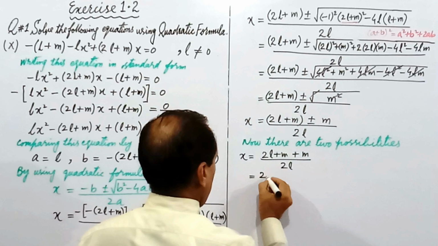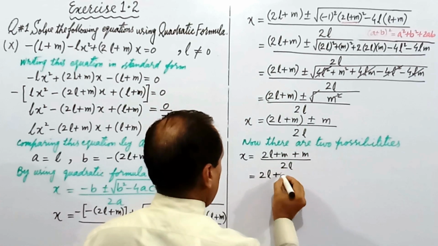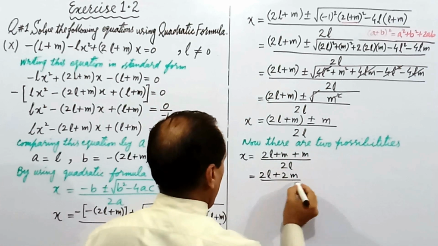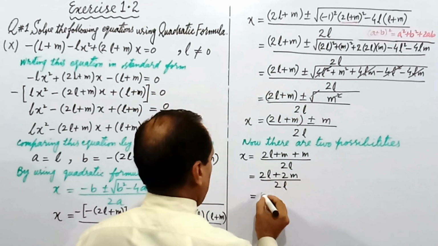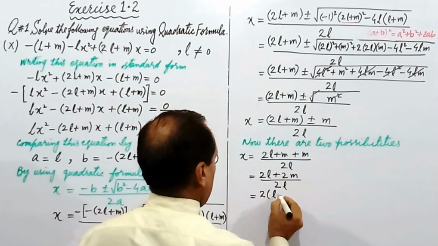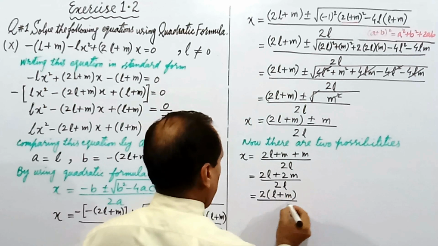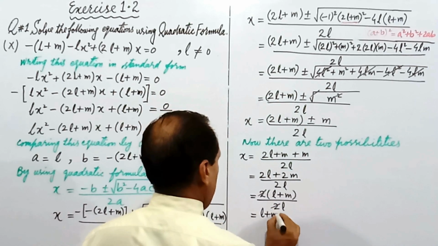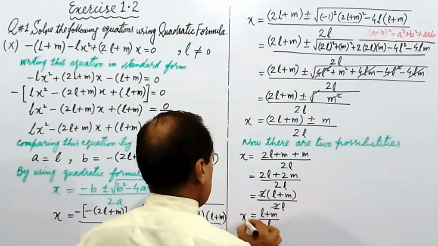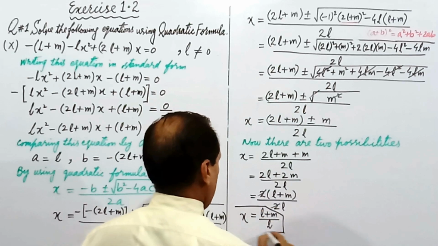We have 2L plus m plus m is equal to 2L plus 2m, whole divided by 2L. 2 is taken common in numerator. We have 2 into (L plus m) whole divided by 2L. 2 is cancelled by 2 and we have (L plus m) over L as the first root.